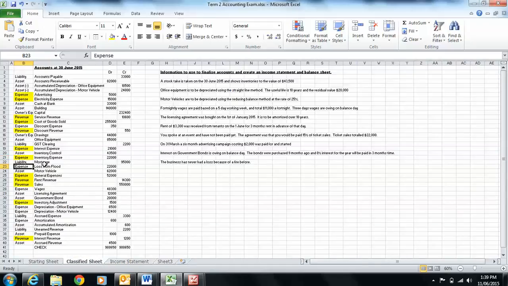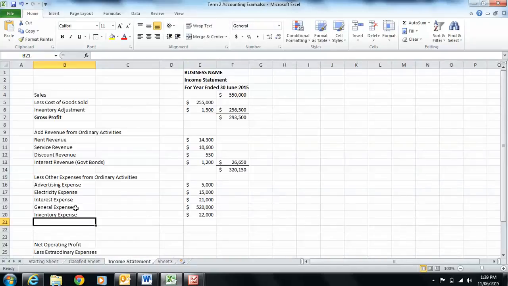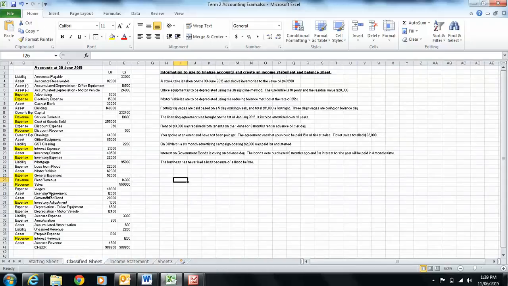The loss from flood, but we're told that we've never had a loss from a flood before. So that means it is not a normal activity, right? So here we're looking at ordinary activity, so that's not going to be an ordinary activity. We've got a wages expense of $48,300.